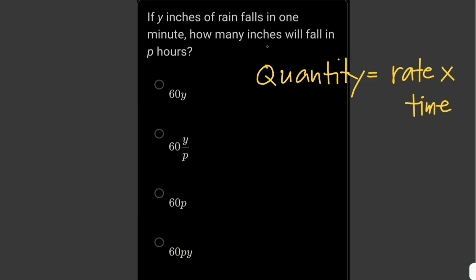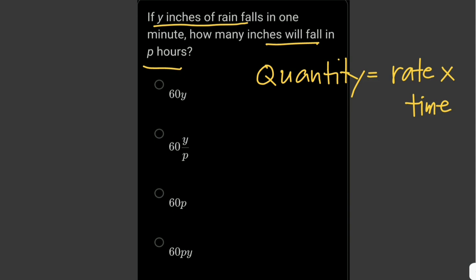Now we are asked here to solve for the amount of rain, which is the quantity that falls in p hours, which is the time, at y inches per minute, which is the rate.